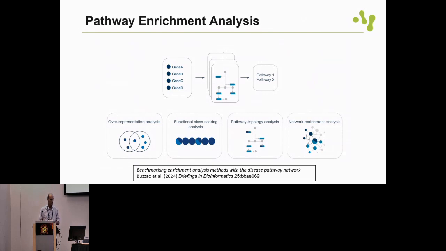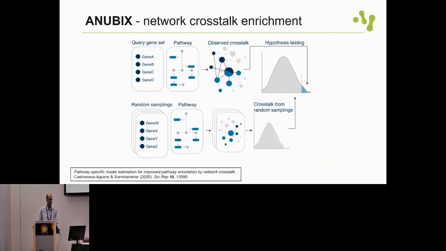There are, in general, 4 categories of methods: classical overrepresentation, and more advanced methods, including network enrichment, where you look more at the enrichment of links between your query set and the pathway. Recently, there was a benchmark paper published by my group, and also by Davide, who is here in the audience, so you can talk to him more about that, which was the first benchmark comparing all these 4 different approaches with each other.